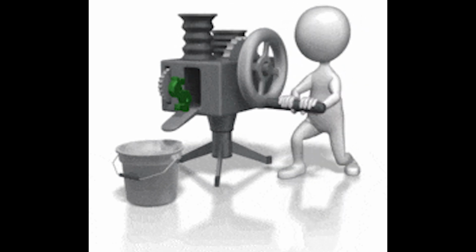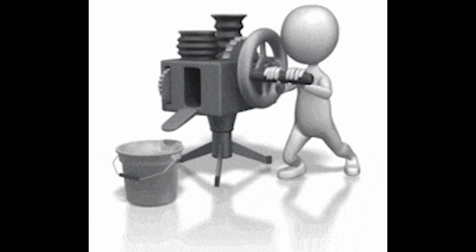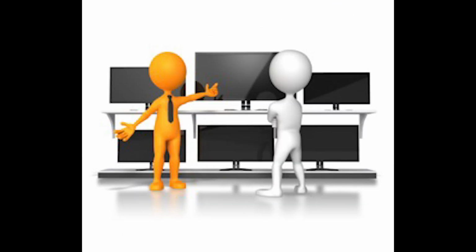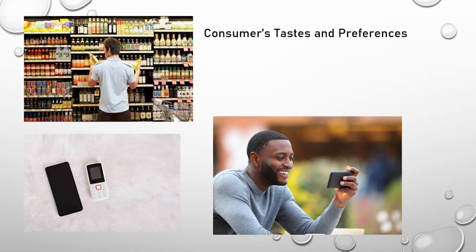There could be a change in consumer income, so he can demand more at the same price. There could be a change in consumer tastes and preferences, future price expectations, or any of the other factors listed in the demand function. When consumers' tastes and preferences change, they will demand less or more of a certain commodity, irrespective of its price.